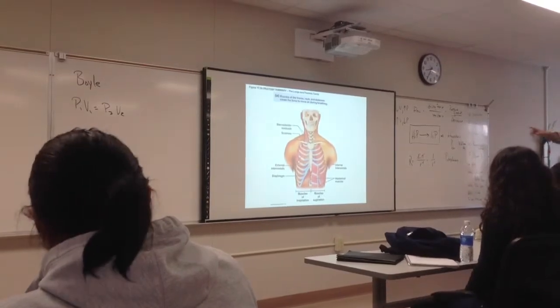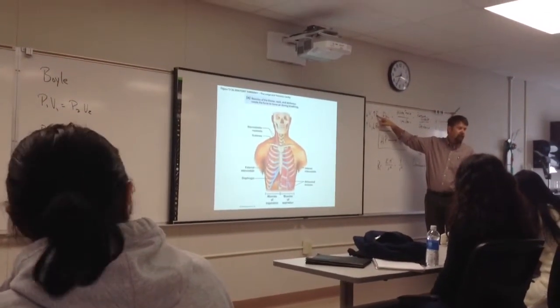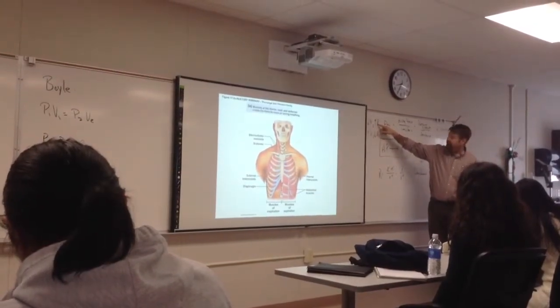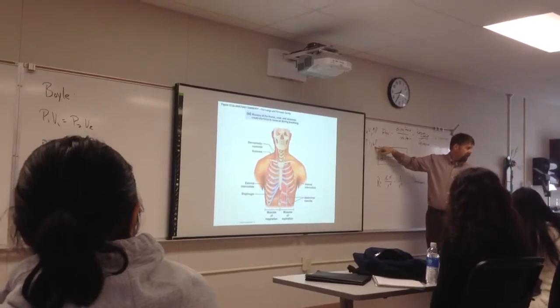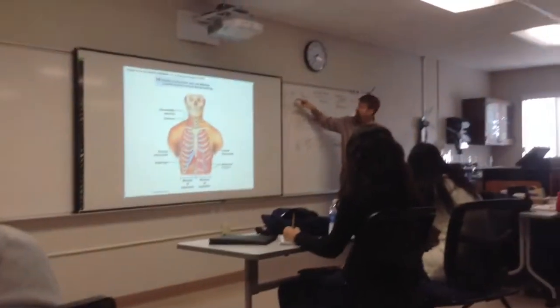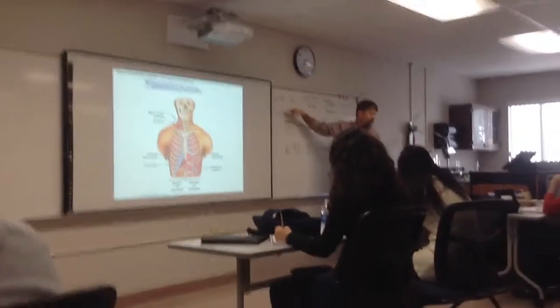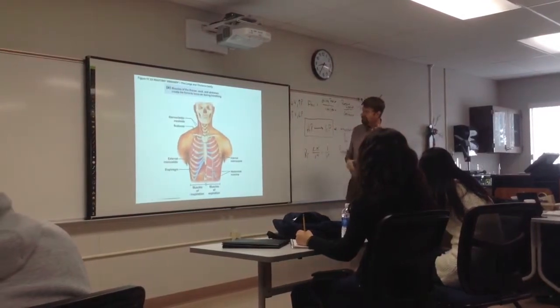So if the pressure inside the lung goes up, it's now greater than atmospheric, and air moves out. If the pressure inside the lung goes down, it's now less than atmospheric, and air moves in. And the greater we change the volume, the greater we change the pressure, the more air will move. Does that make sense? And that's Boyle's law.